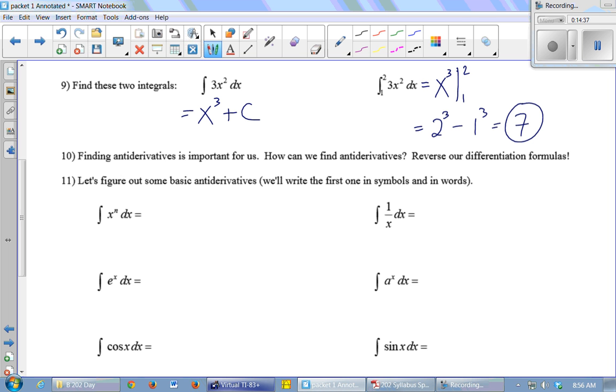So you look at the integrand. So this guy, I'm taking the integral of 3x squared. So that's the curve I want to find the area under. The way you find that area is you could use your calculator, right? Or you can take an antiderivative and plug in the top bound and the bottom bound. Does that make sense? Okay.